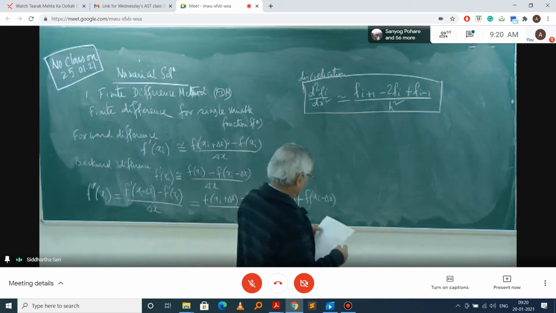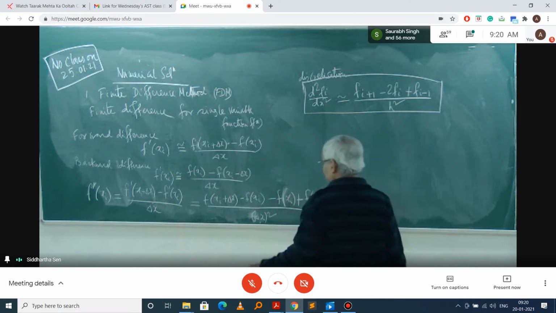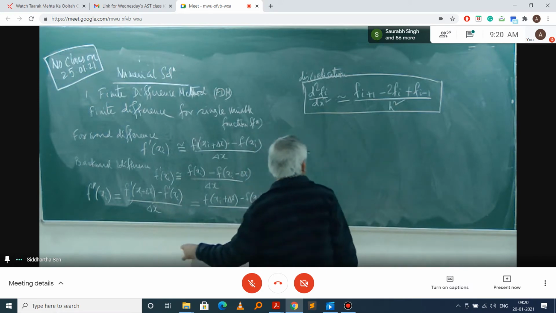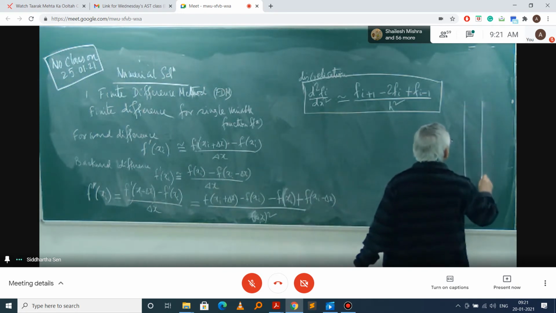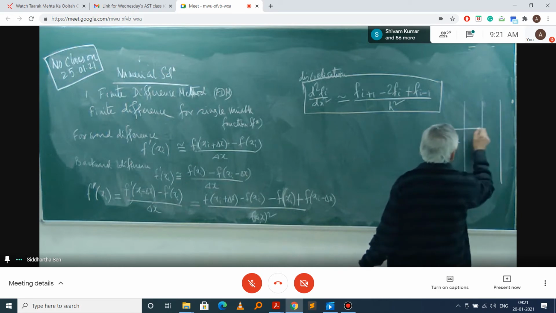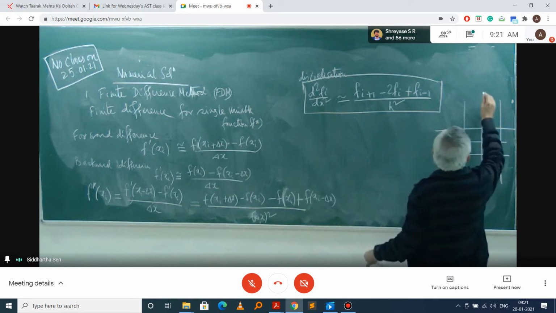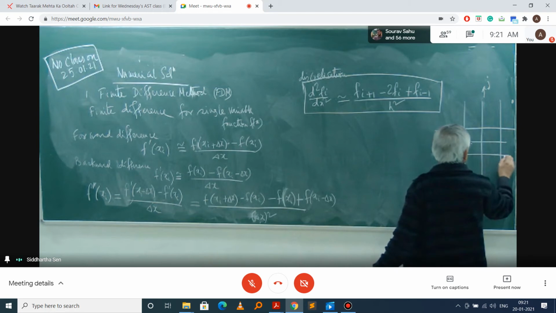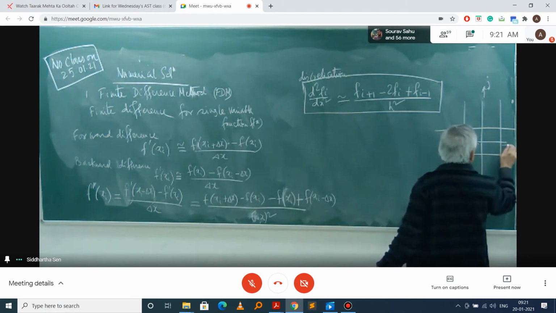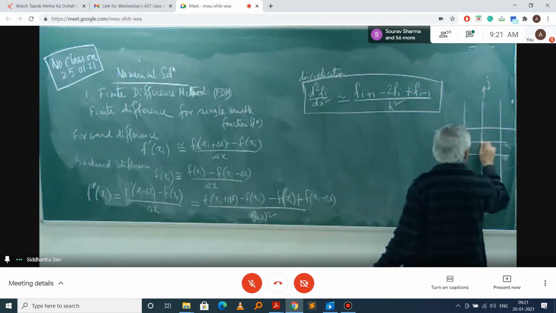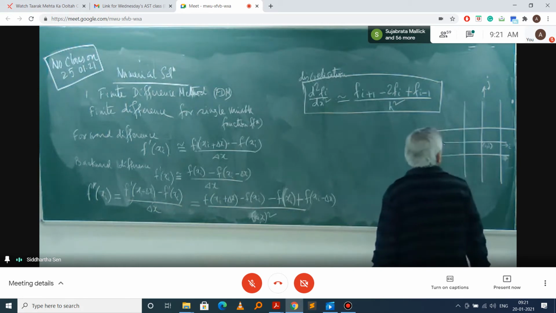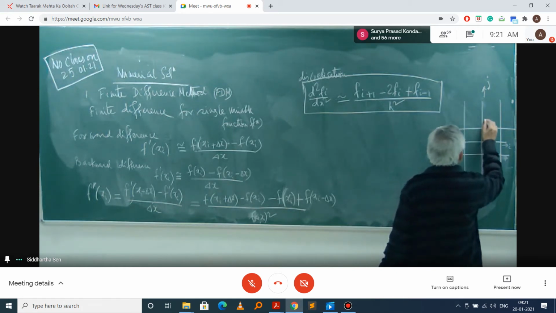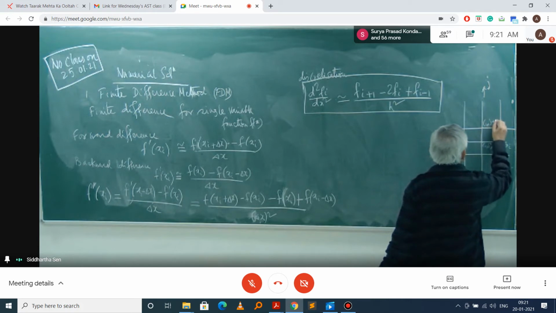Now what we can say is that if it was in one dimension like this here, so if it is in 2 dimensions, I say this is your J and this is your I. So this point is I comma J and here it is I comma J plus 1.